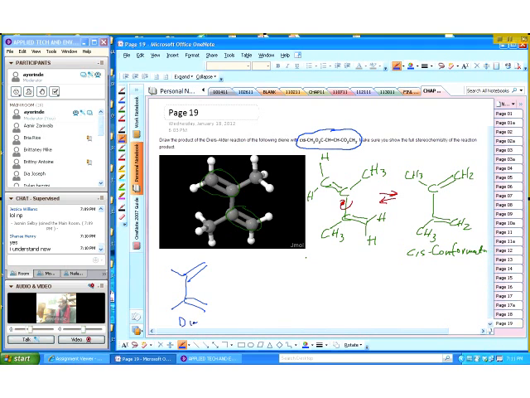This is the diene. So now we have the dienophile, which is this here. They also tell us it is a cis molecule. That means the ester functionalities are both on the same side of the carbon-carbon double bond.